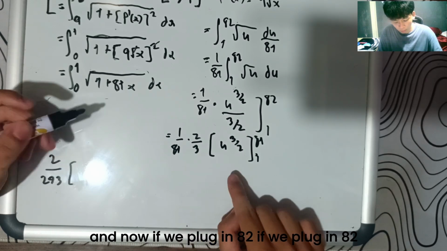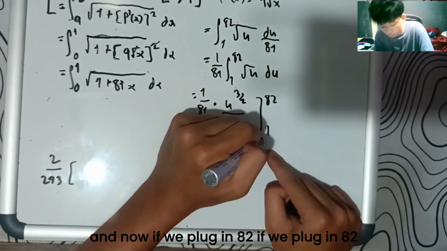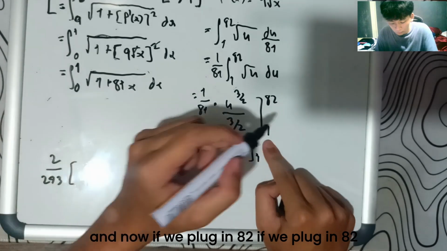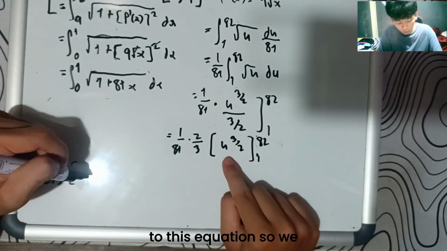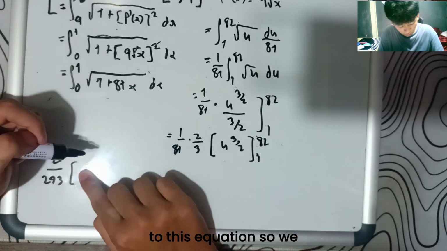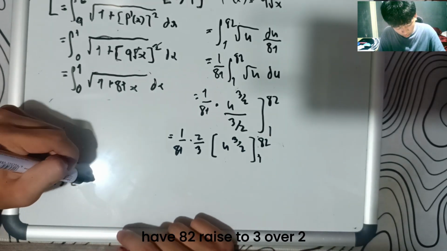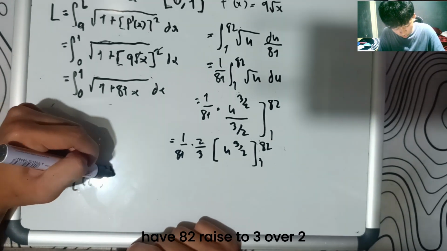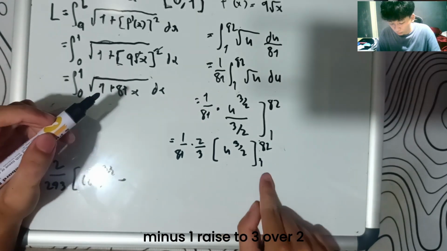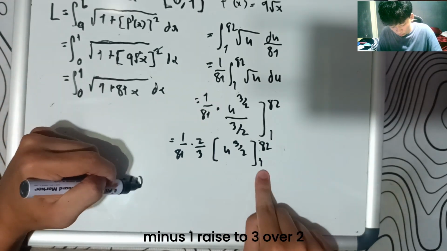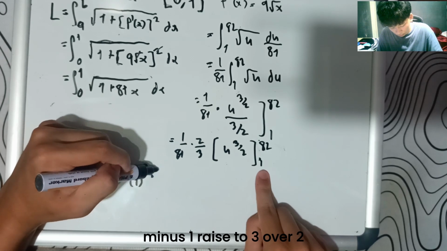And now if we plug in 82 into this equation, we have 82 raised to 3 over 2 minus 1 raised to 3 over 2.